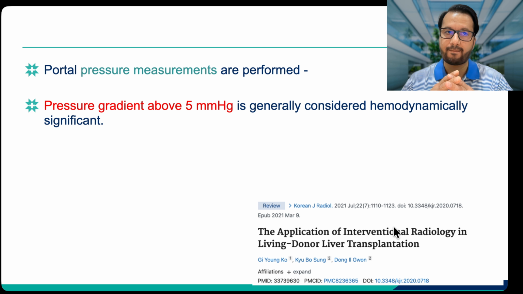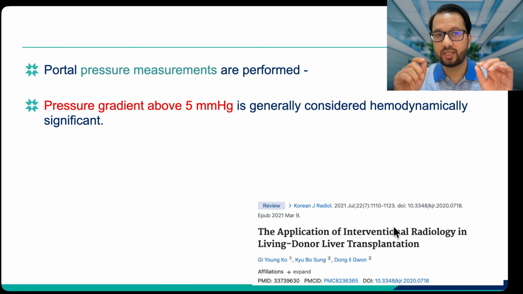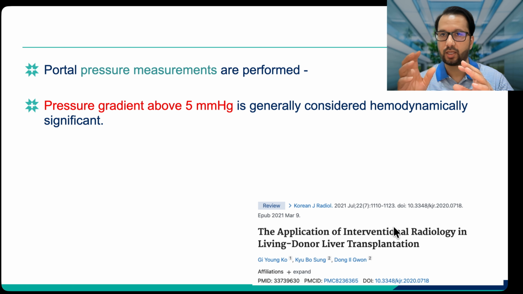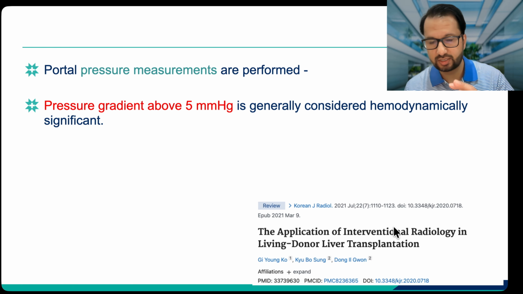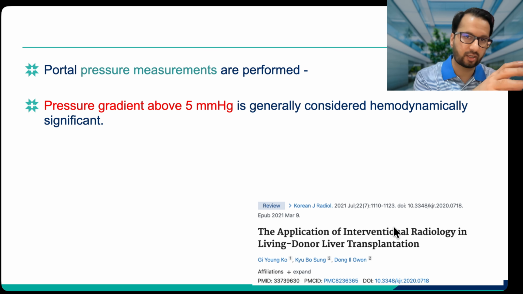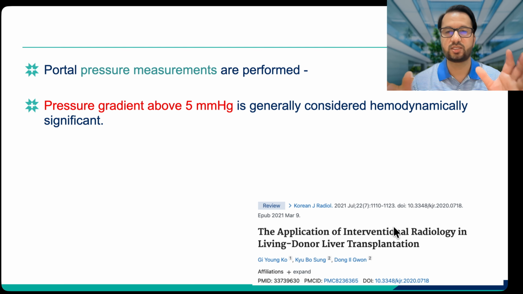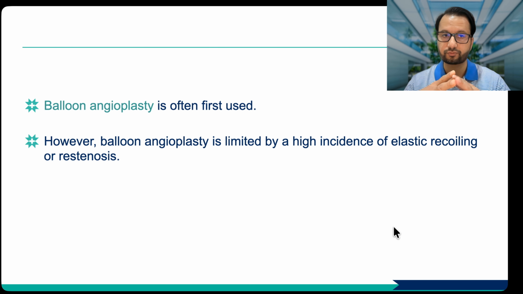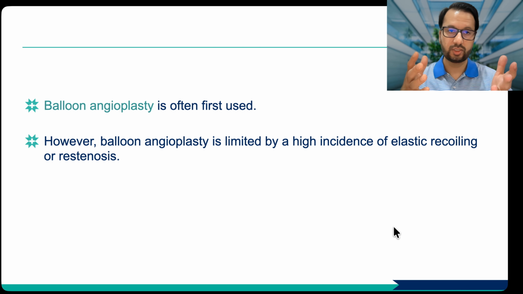The procedure begins by measuring the pressure across the stenosis, from the mesenteric side of the portal vein and the intrahepatic branches, and then measuring the gradient. If the gradient is above 5 mm Hg, it is generally considered hemodynamically significant, and balloon angioplasty is often the first choice.